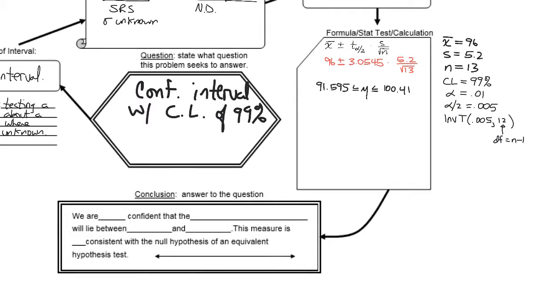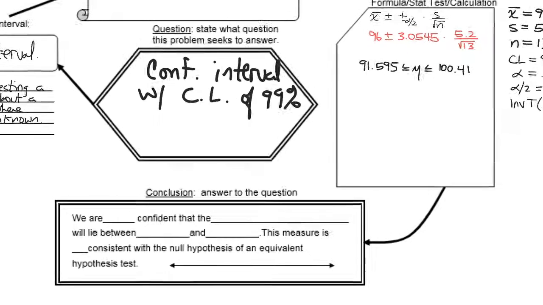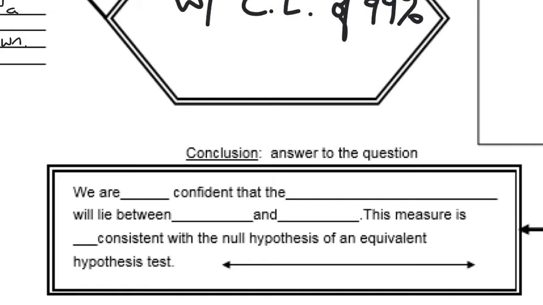All right, so as far as the final answer is concerned, we are 99% confident that the population mean mark is between those two numbers, 91.595 and, I've got to kind of do it again here because I don't want to scroll back.